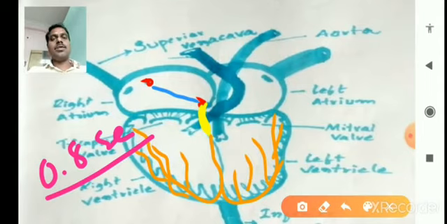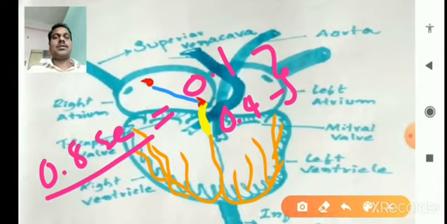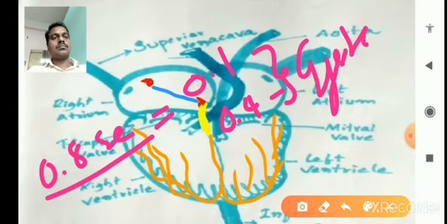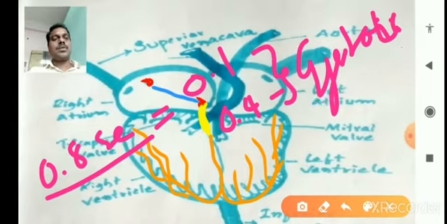Yes or no? 0.1 is auricle contraction, and 0.4 is ventricle contraction. So this we call systolic pressure, or systole.